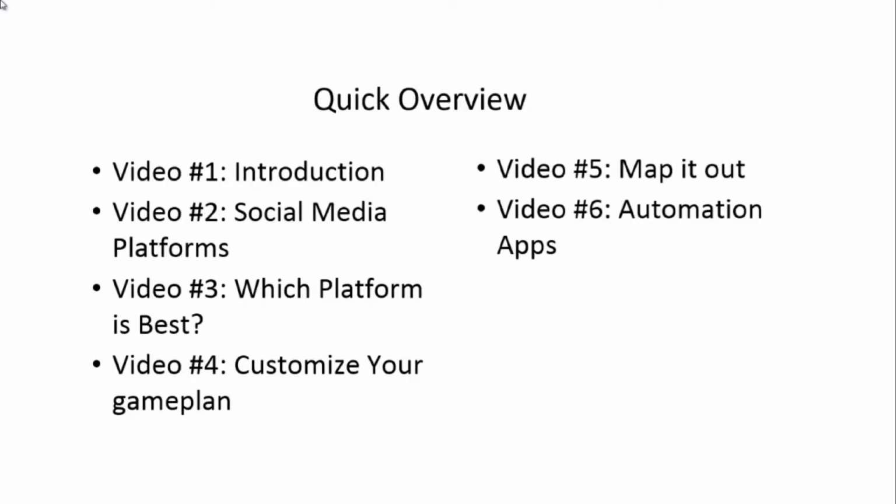So instead of manually having to go from Facebook, copy and paste, log into Instagram, copy and paste, go into WordPress, copy and paste, you set everything up once and everything after that point will be automated. So we'll talk about that.